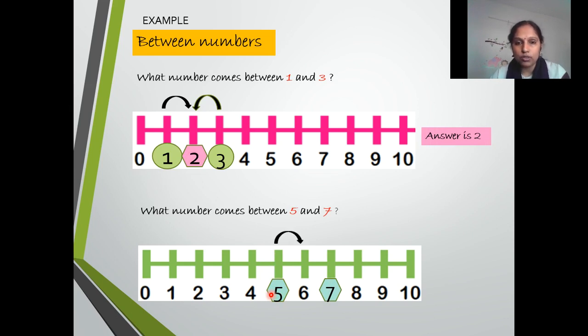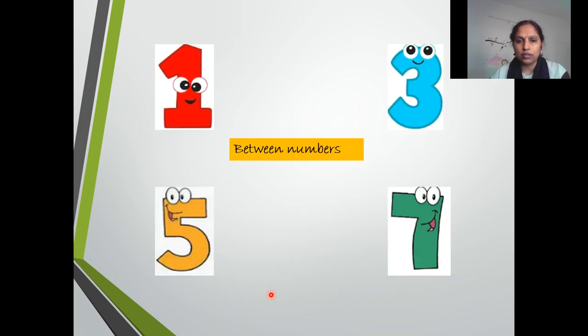Now we are going to see the number that comes in the middle of 5 and 7. What comes in between 5 and 7? 6. So 6 is the between number, which means 6 comes between 5 and 7. Is it clear? Okay.